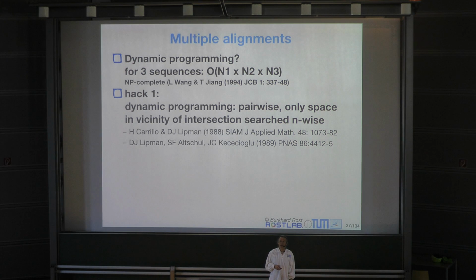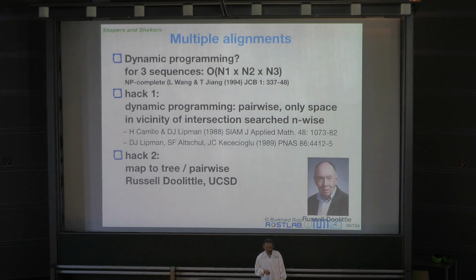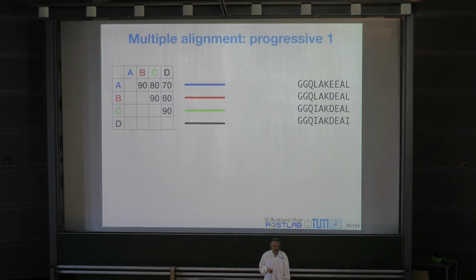Ultimately, we all live off a hack here, and the first hack was introduced by essentially Rost Doolittle, and the way it works is the following. I take, in this particular case, 4 proteins. I do all the pairwise comparisons, an all against all, and the numbers here are the percentage sequence identity for the pair. So A to B is 90, A to C is 80, and A to D is 70.